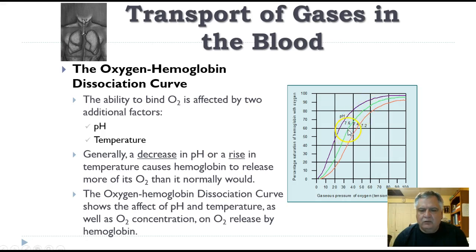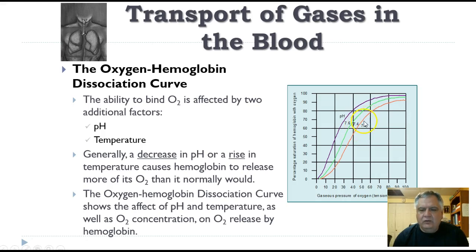So we can see the line starts to dive down or slope here. But now, look at this red line. The pH is 7.2. 7.2 might indicate that those tissues are much more active. They're producing a lot of carbon dioxide and the pH is falling. So notice that the line gets even steeper and it gets shifted to the right here.